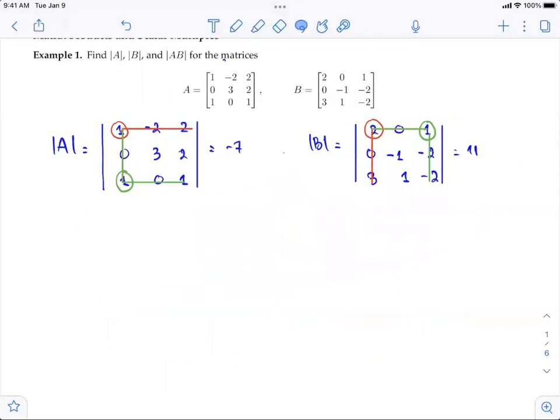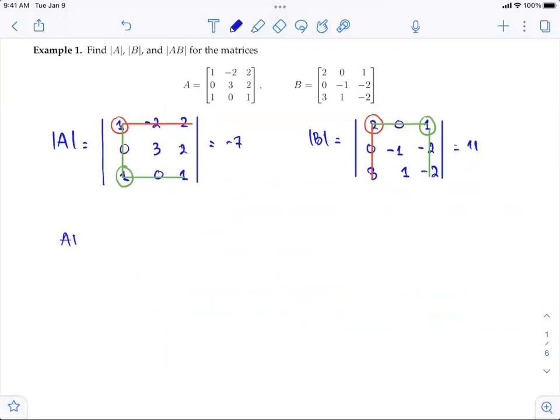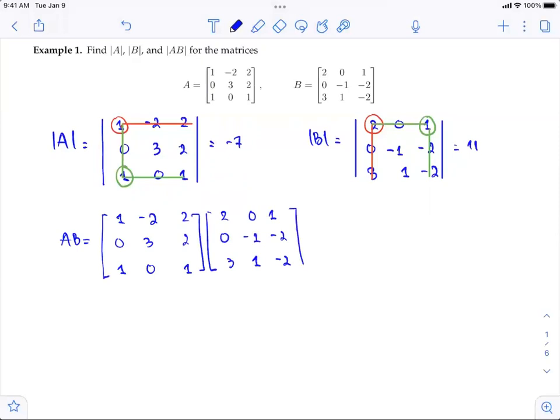Now next we need to calculate the determinant of the product A times B. A times B is the matrix 1, -2, 2, 0, 3, 2, 1, 0, 1 times matrix B, 2, 0, 1, 0, -1, -2, 3, 1, -2.